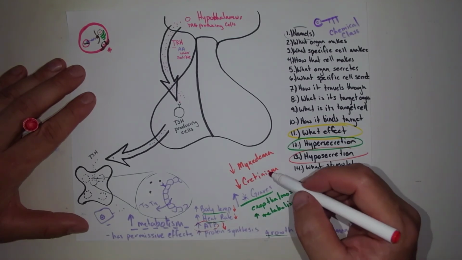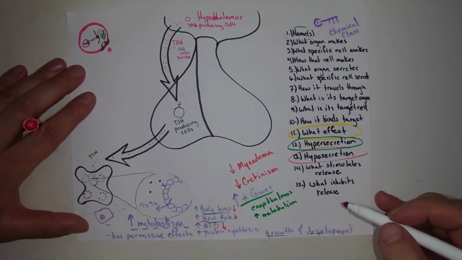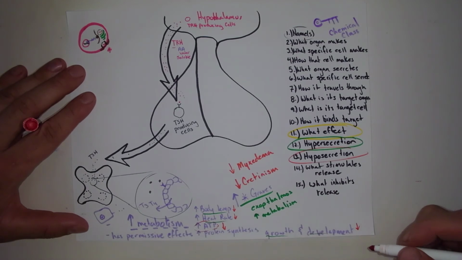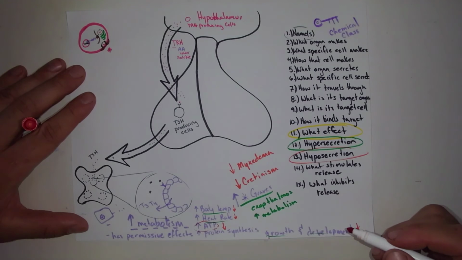Now, in a child who's still growing and developing, they're going to end up with growth and development problems. They could even end up as what's called a pituitary dwarf, because this hormone allows growth to occur.